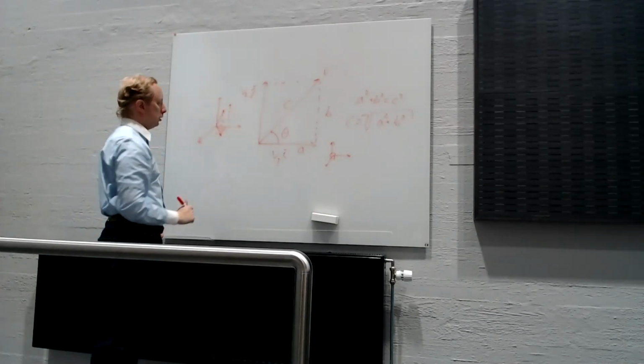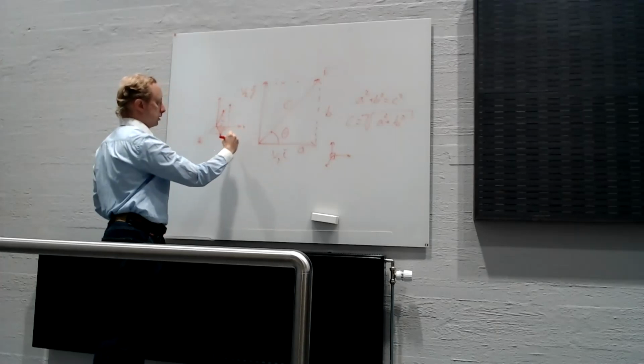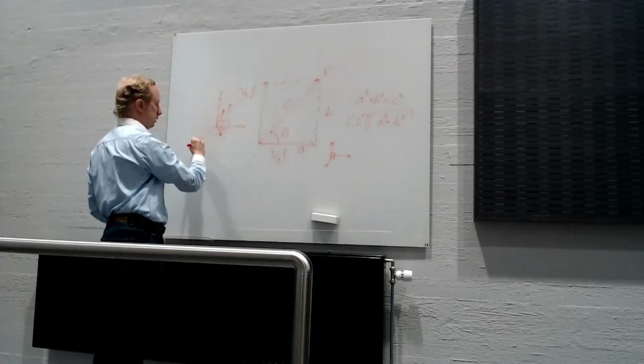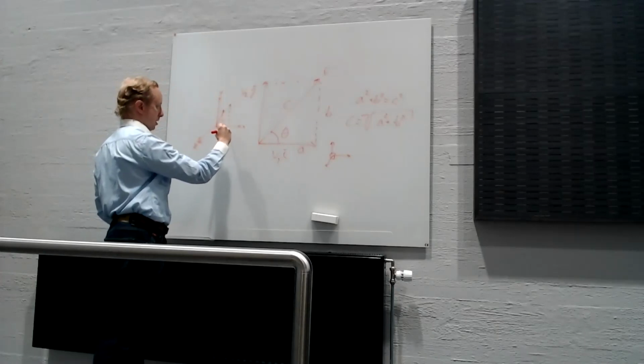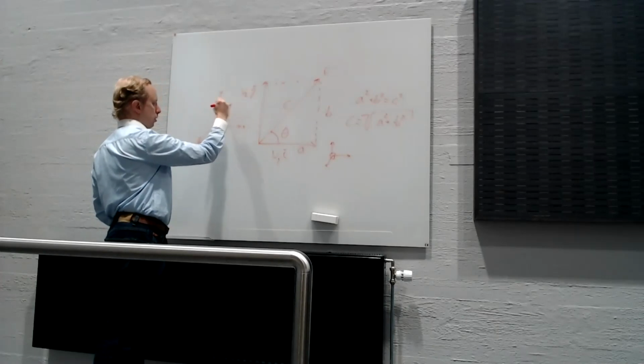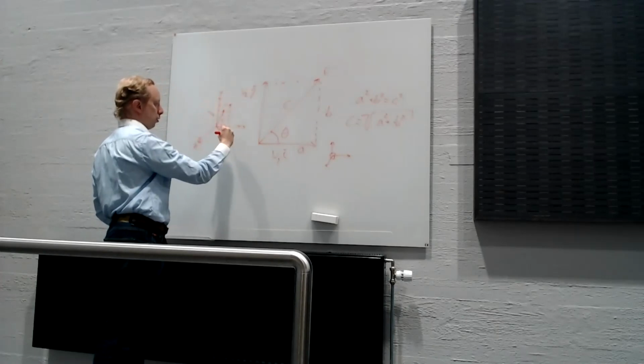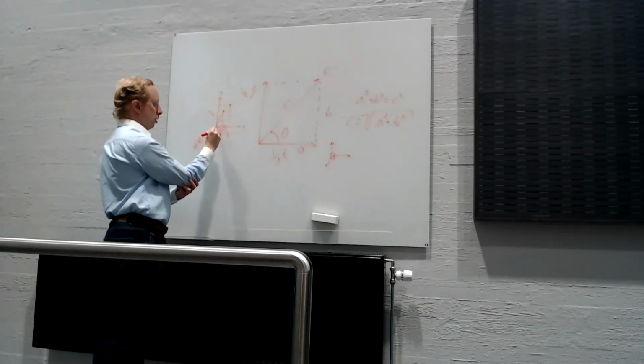Let's actually name them: these are X, these are Y, and these are Z. So this component will be V1, this component is V2, this component is V3, and this one, let's say C and D.